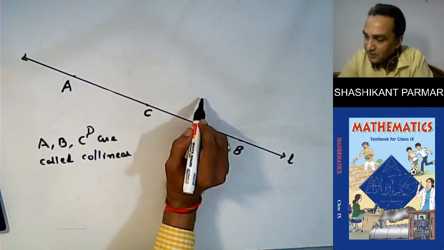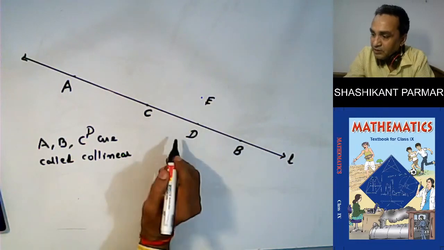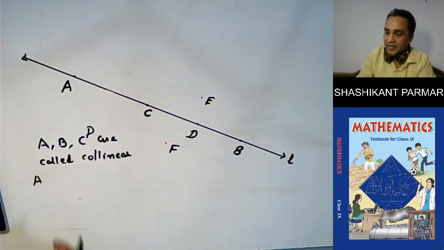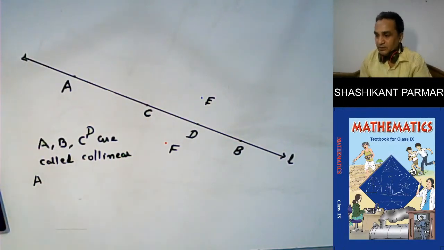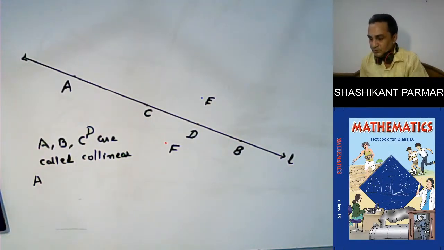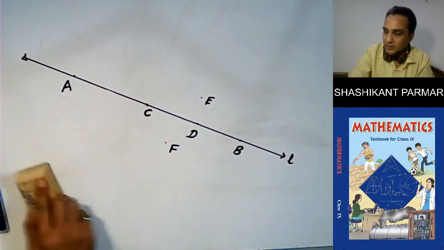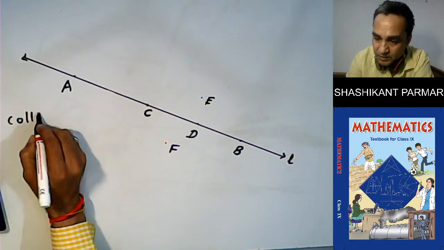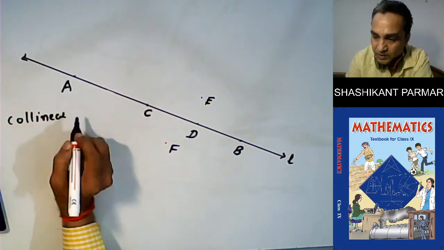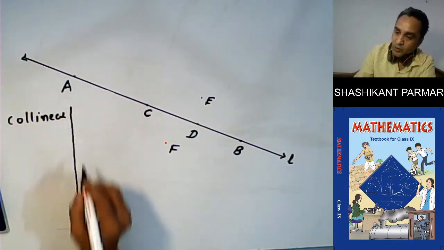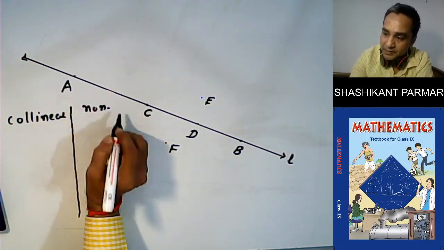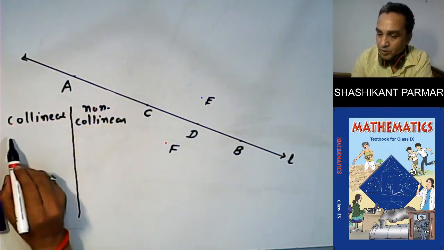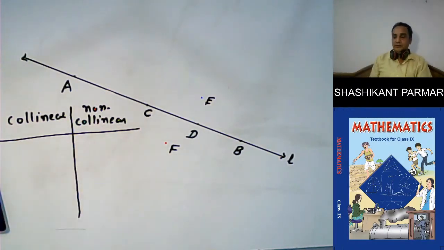But if E is here and F is here, so let me write. You can easily understand.